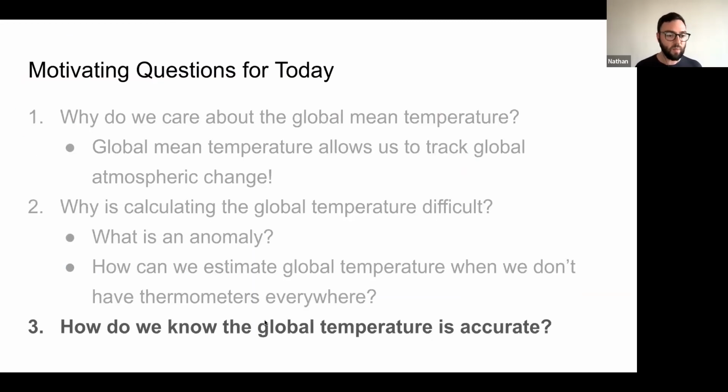The last part I wanted to talk about goes into a little more detail about how we know the global temperature is accurate. I've talked a little bit about tests we've done on the data and the methods for calculating the global temperature, but there are also other ways that people have investigated the accuracy of the global temperature record.